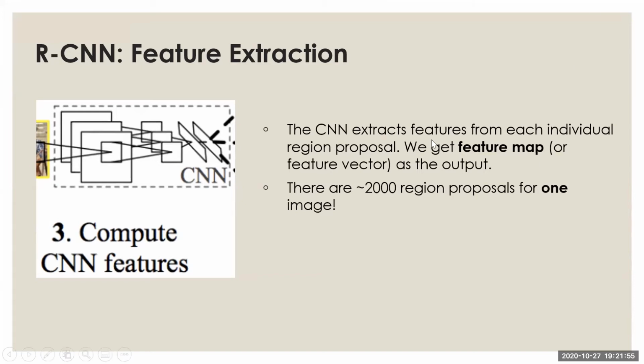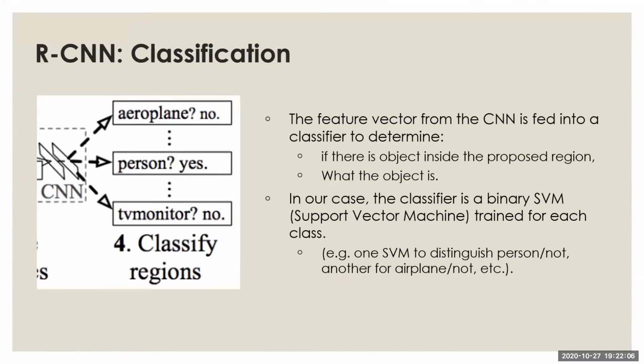One image produces 2,000 region proposals, and each region proposal is fed into the CNN so that it can extract the features. All right, so once you extract the features, you're going to feed this feature vector into a classifier. A classifier is just a model that lets you classify, and in our case, it's a binary classifier, meaning the output is a yes or a no. We're using a model called support vector machine, or SVM.